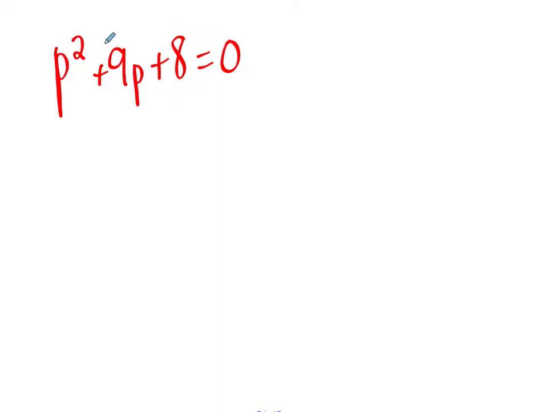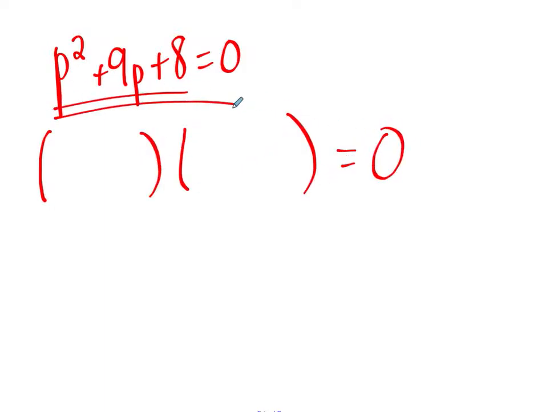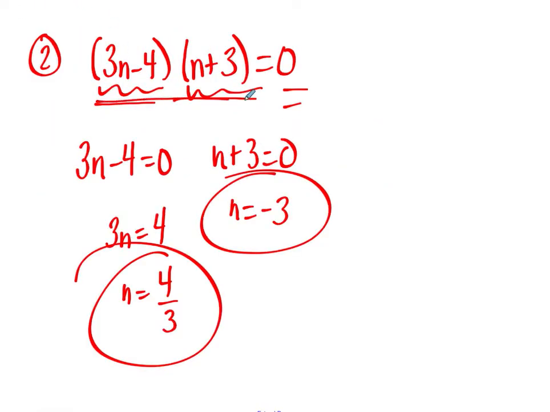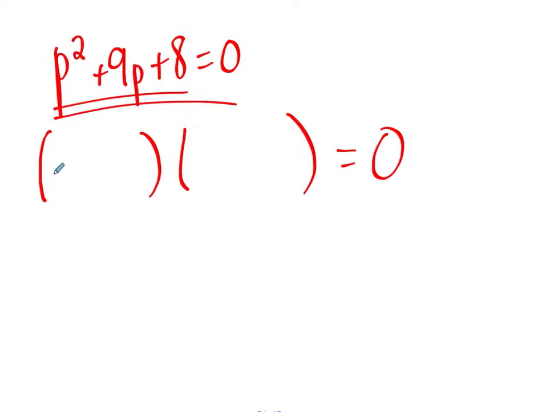You've got something squared plus 9 times something plus 8 equals 0. Who knows what that is? You have to factor it. I can't guess on those. So I have to make it look like number 2. How do I change this side? P plus 1 in parentheses and P plus 8 in parentheses.